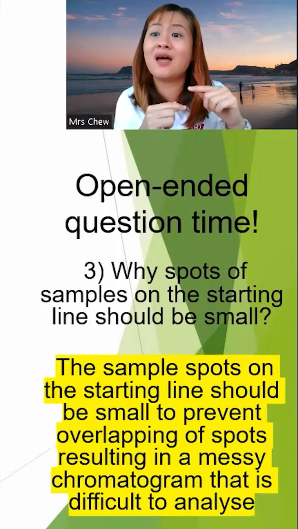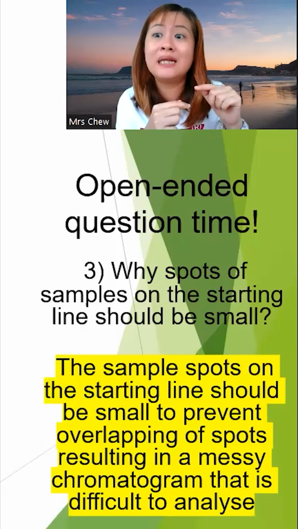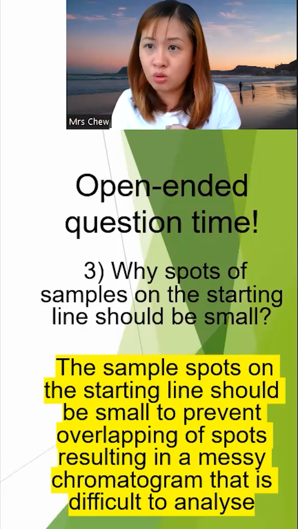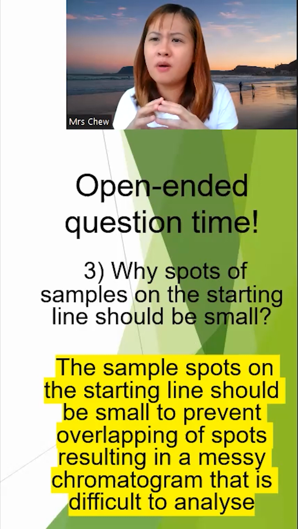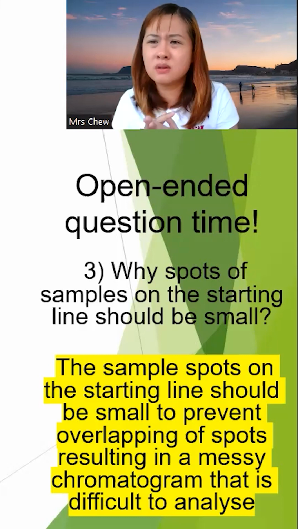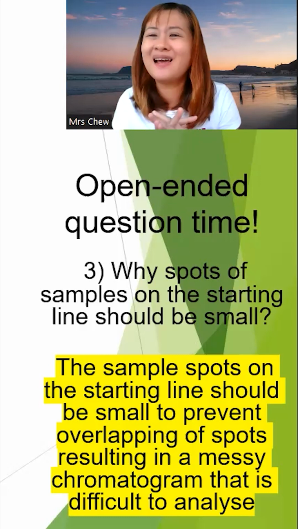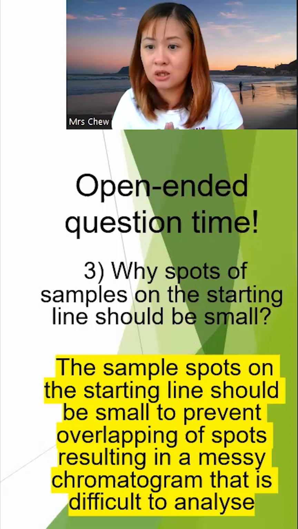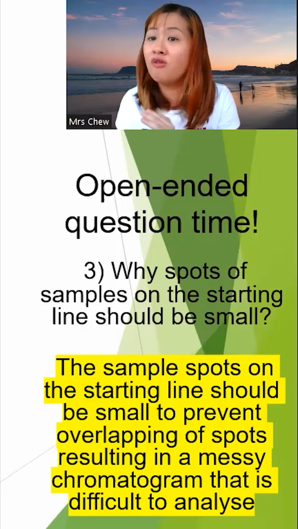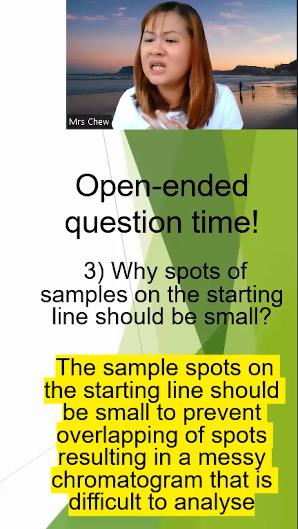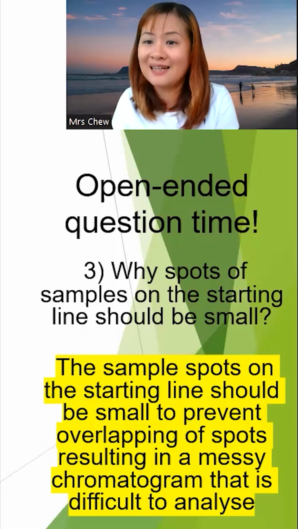Some spots have very similar solubility, so they will appear very near to each other on the chromatogram. When you use a very big sample, these spots will overlap, and being ugly is not the worst thing. It is very difficult to analyze. So the keyword is to prevent overlapping of spots, resulting in a chromatogram that is very difficult to analyze.